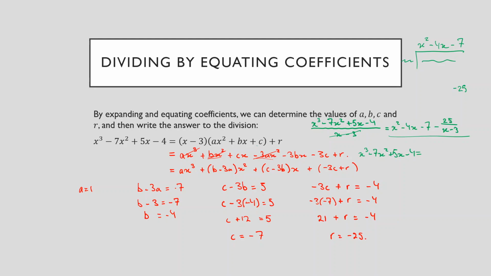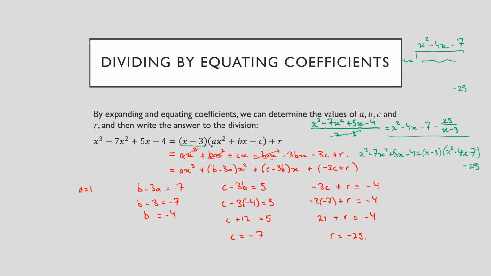One way that we can write that out is just x minus 3 times all of this stuff. I can multiply that separately and it would get rid of the x minus 3. So I'd get x squared minus 4x minus 7 plus, minus 25. And you'll see that it's got the same form as what we started with here.